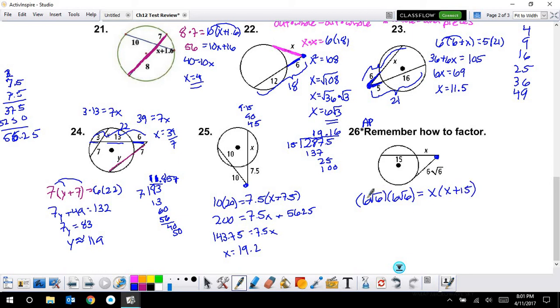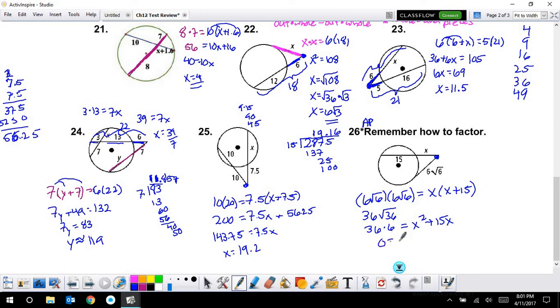So when I do 6 root 6 times 6 root 6, you end up getting 36, root 36, which we know is 6. That's going to equal your x squared plus 15x when you go to distribute your x.